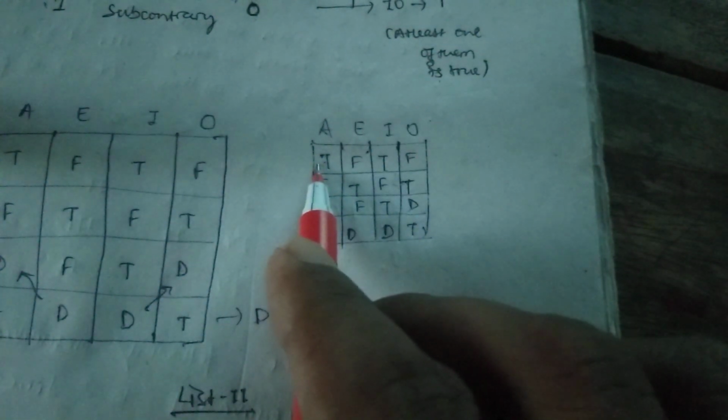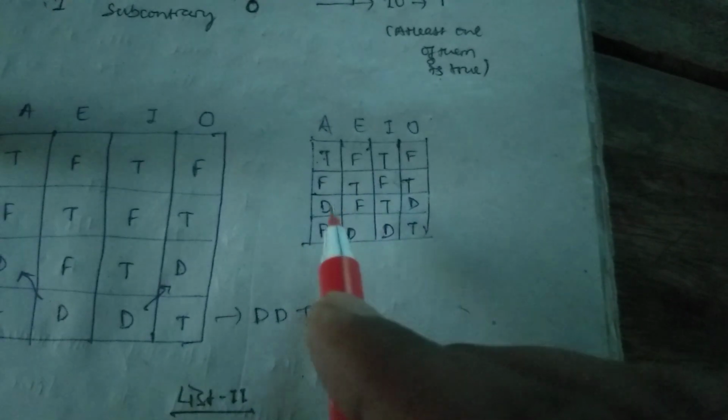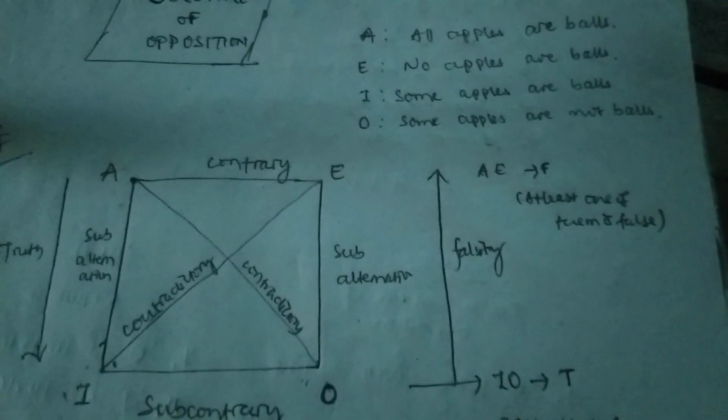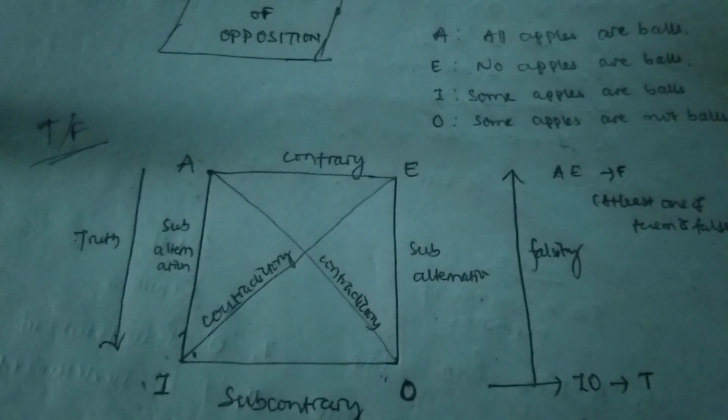T refers to true, F refers to false, and D is undetermined. First of all we need to remember all these things. Take a snapshot from here, and thank you.